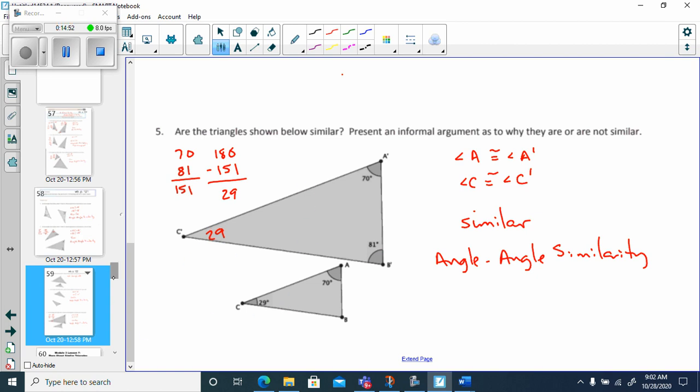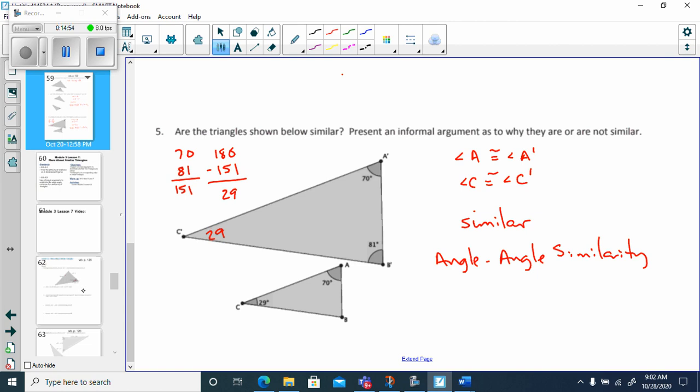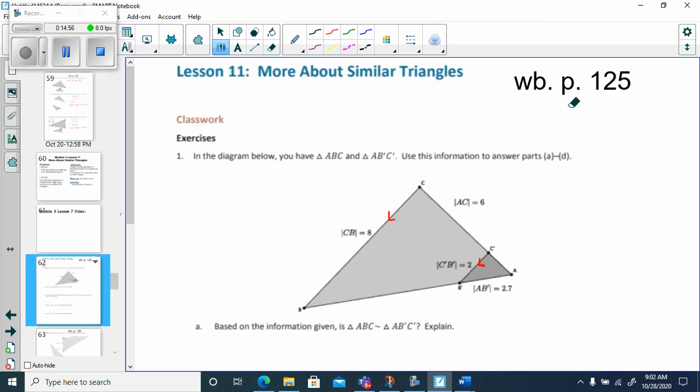Now, one more I want you to look at, and this is actually in your workbook on page 125. And we're going to alter this to deal with what we want to do with it, okay? So don't pay attention to what's written here. They're wanting to know if these are similar. That we are going to do.